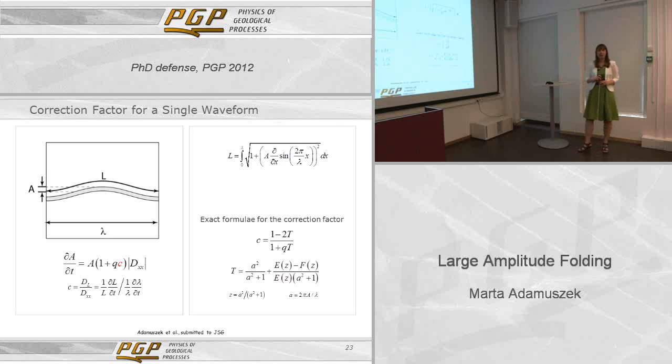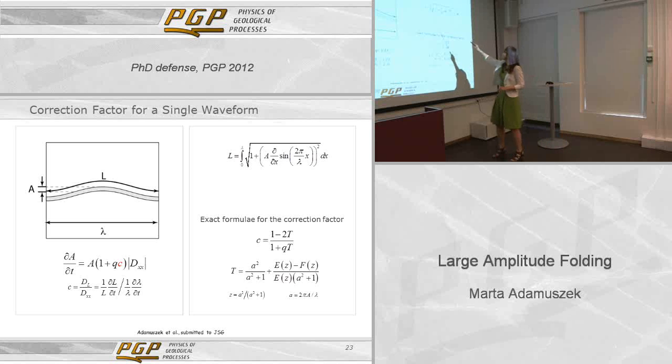The rate of layer shortening can be approximated by the evolution of a sinusoidal waveform. And then in LAF, we derived the exact formula for the evolution of the sinusoidal waveform.